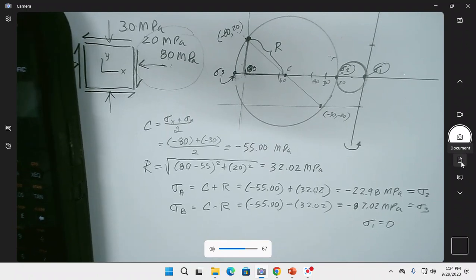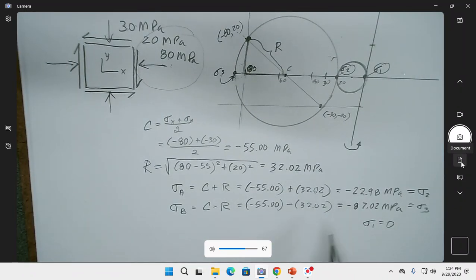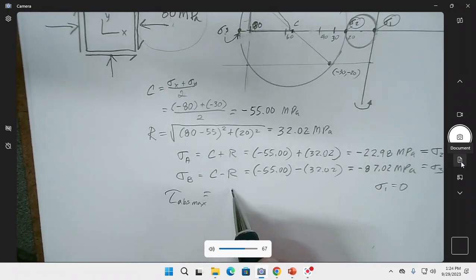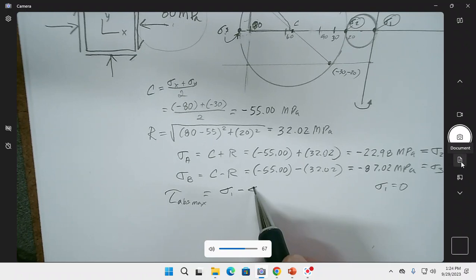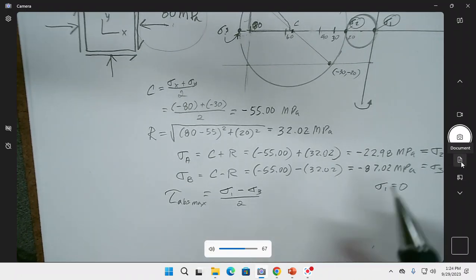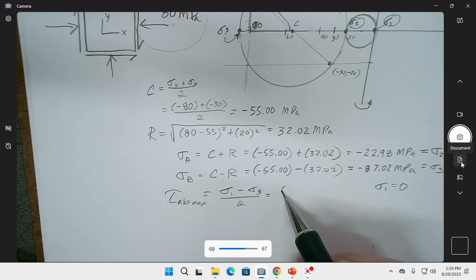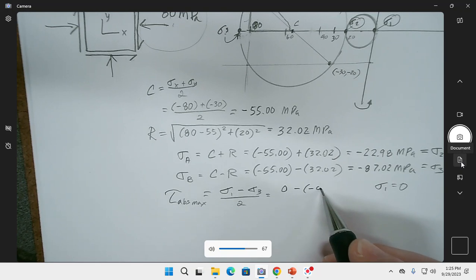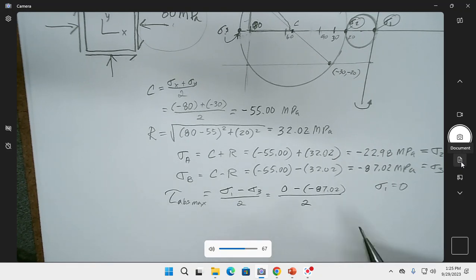And now a very important thing to do is to find the shear stress, the absolute maximum shear. So the abs max is always going to be sigma 1 minus sigma 3 divided by 2. Always. So that's going to be 0 minus negative 87.02 divided by 2.